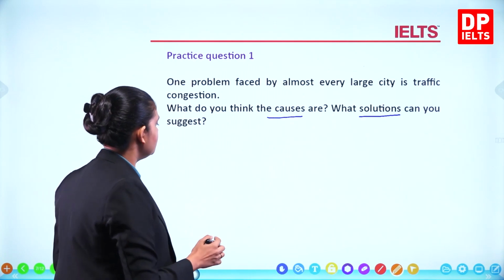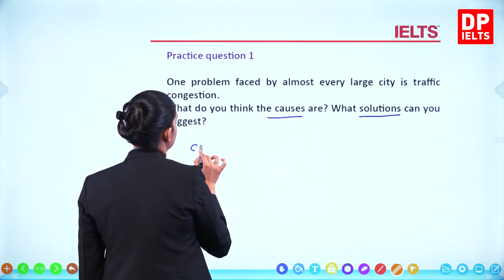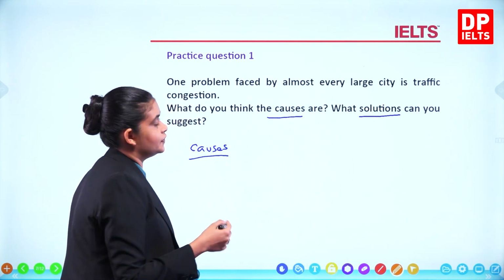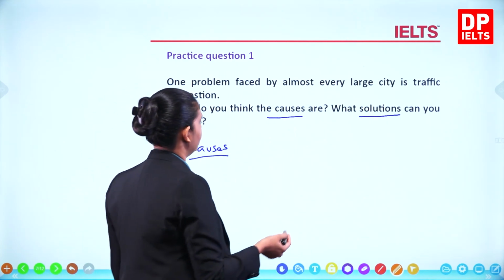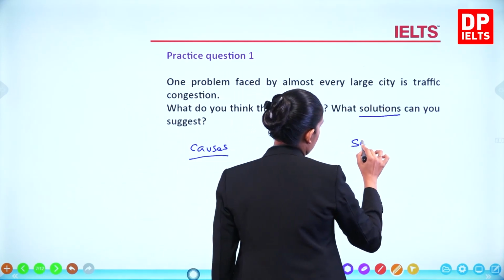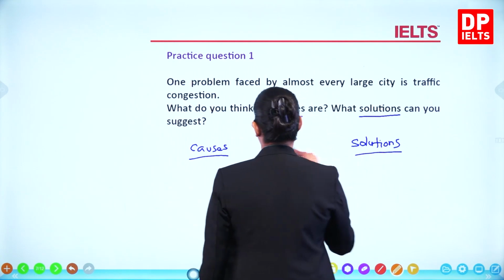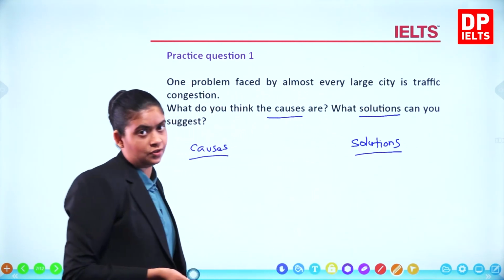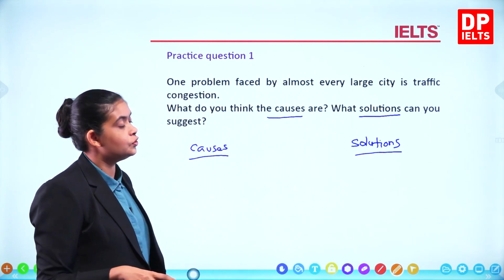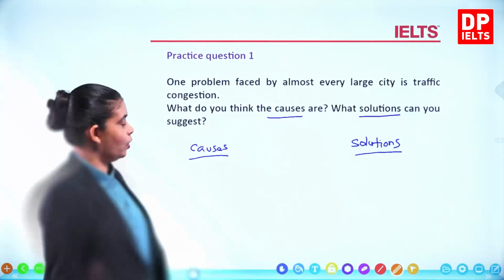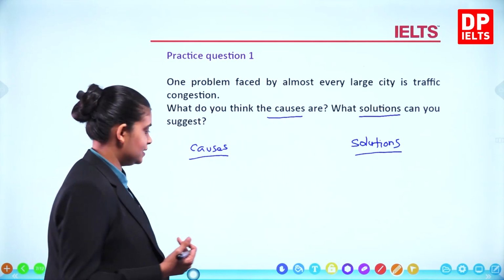Right, so first we have to write the causes. So what are the causes for traffic congestion, and then what are the solutions? So before you start writing, plan your answer. What are the causes? What are the solutions? I'll give you about 2 to 5 minutes to plan your answer. Off you go.